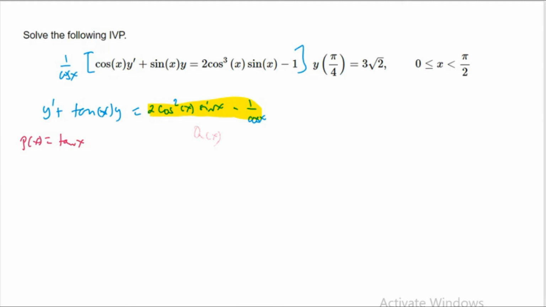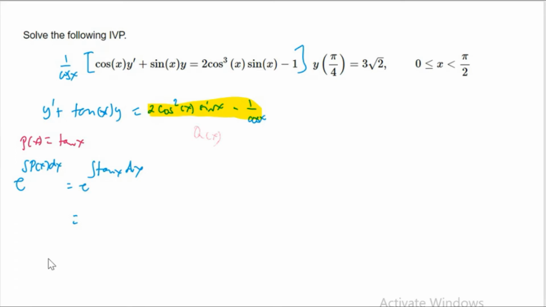So next is that we are going to solve for the integrating factor. We have e raised to the integral of p of x dx, which is equal to e raised to the integral of tangent x dx. So we have to find the integral of tangent x dx.